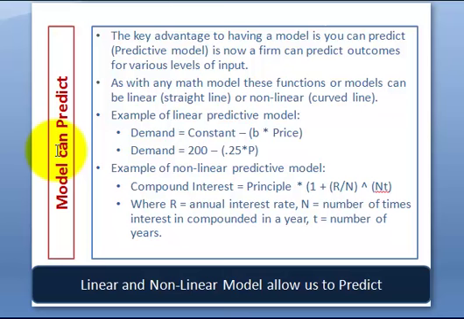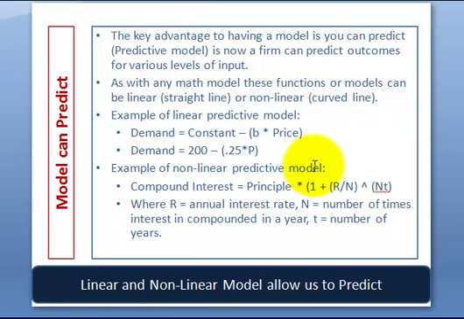Models you can use to predict. The key advantage of having a model is you can predict things, called a predictive model. As with any math model, they could be linear, a straight line, or nonlinear, a curved line. Here's an example of a linear predictive model. In economics, oftentimes you talk about quantity demanded as a function of price, and it's negatively impacted. As the price goes up, the quantity demanded tends to go down. So we could say a function is 200 minus 0.25 times the price.